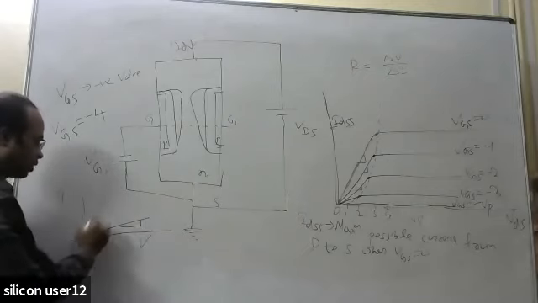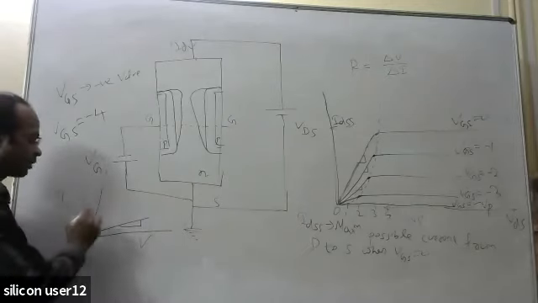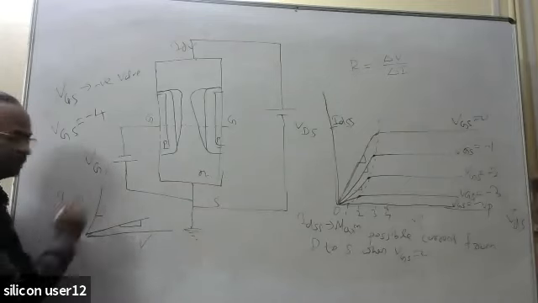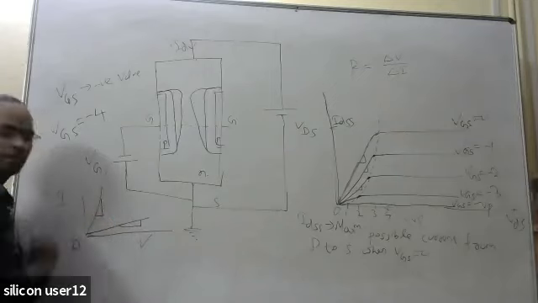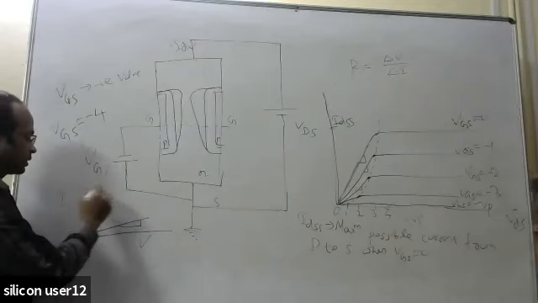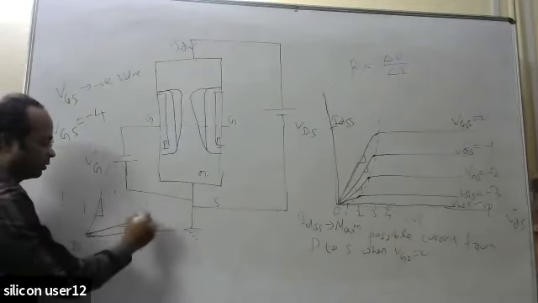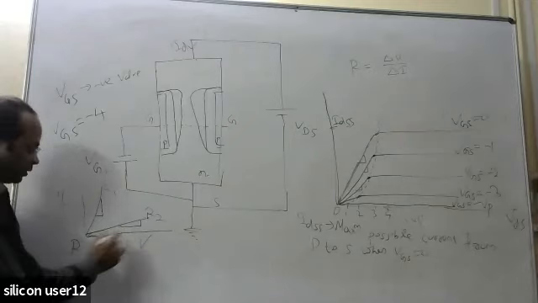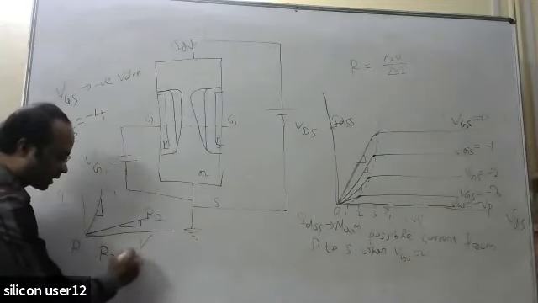But if the curve is like this, delta V is small, but for that delta I is large. So suppose this one is R1, R2. Tell me where the resistance will be more? R2. Okay, R2 is greater than R1.